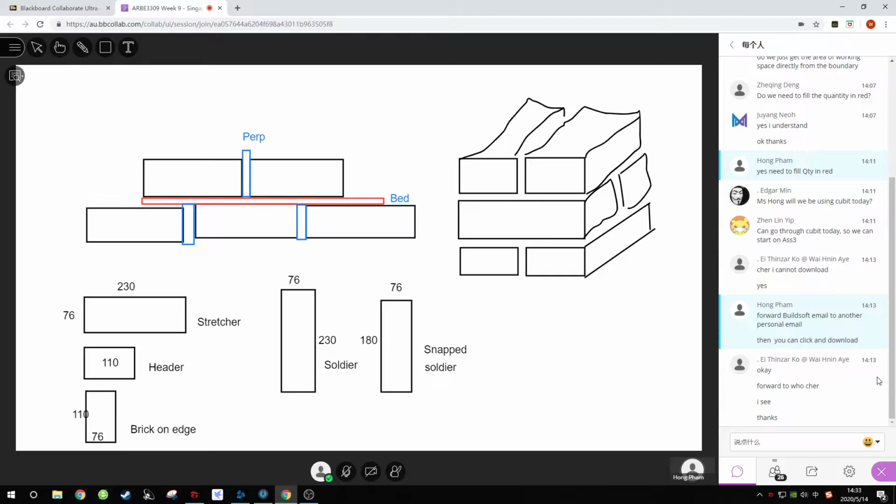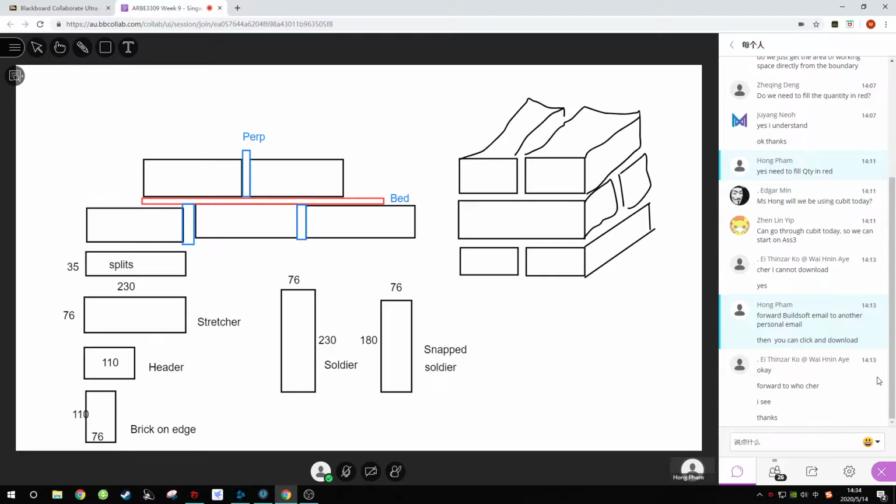So a stretcher is 76, right? But what if I want a thinner one? A very thin stretcher, like for example, I have a very thin one here. This is not 76, maybe this is only 35. So the thin one, we call a split.